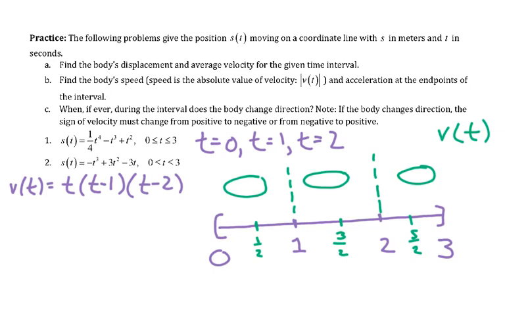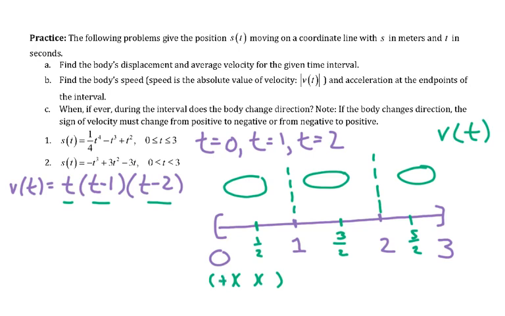Now the way I do it is I'm only interested in whether it's positive or negative. So I don't find the actual value of the velocity when time equals 1/2. I ask myself, what's the sign of each of these three factors? So when t equals 1/2, t is positive.